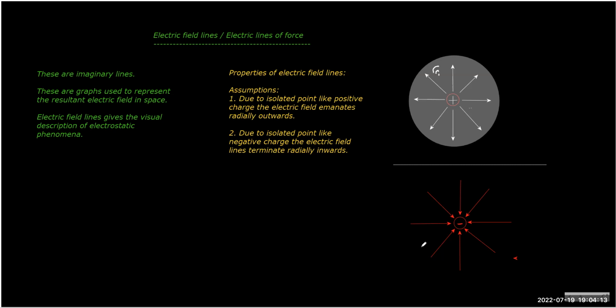Only if they are equal and opposite in magnitude do we say there is 100% termination. Whatever lines of force emerge from the positive must terminate on the negative. So the source and sink follow some sort of relation. If we have a charge of 1 coulomb, then to terminate it, we need a charge of minus 1 coulomb.